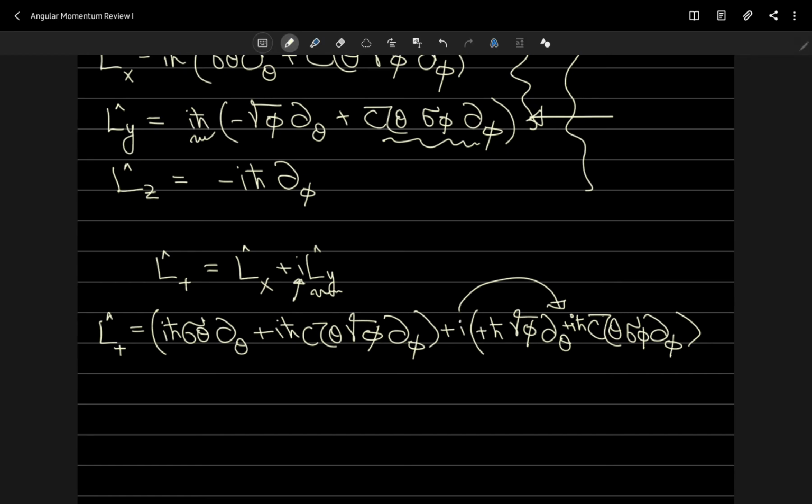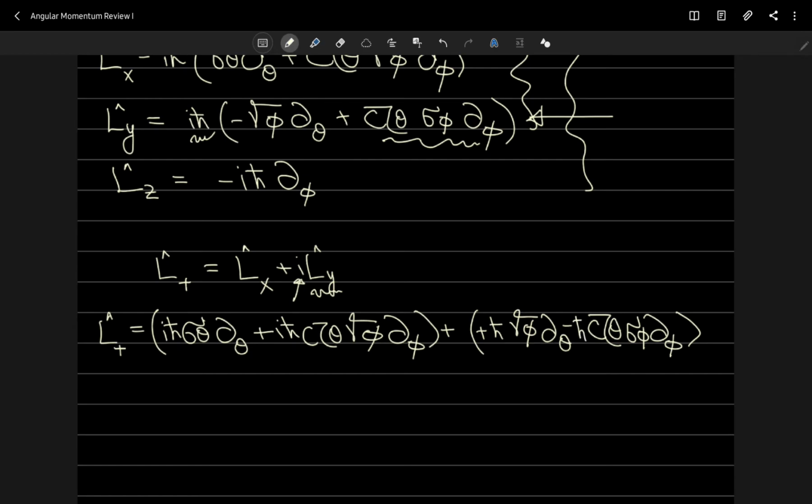And when this iota gets multiplied with this, it becomes negative. Sometimes me being lazy is not so good, right? So I'll just add this negative sign. So that's it. And we'll of course have h bar over here.